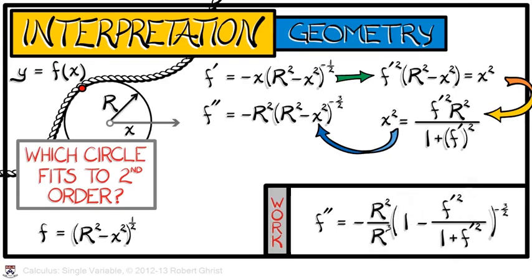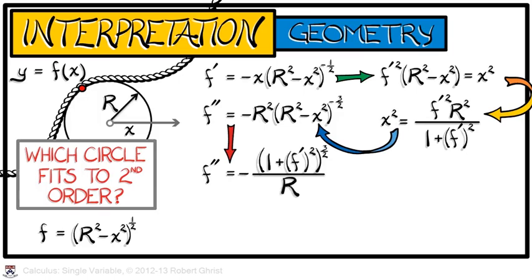Well, we can factor out an r squared from that term on the right, do a little bit of algebraic simplification, and then some canceling of the r squareds, and we'll get that f double prime equals negative 1 over r times quantity 1 over 1 plus f prime squared, all to the negative 3/2.